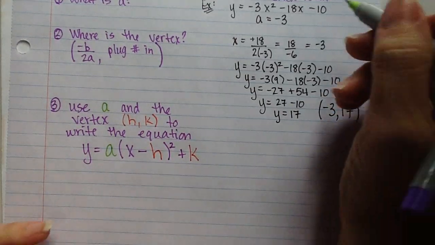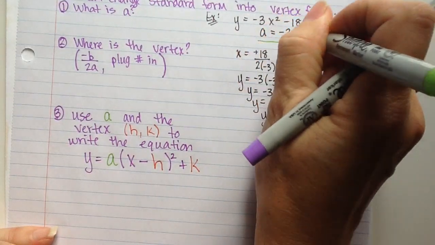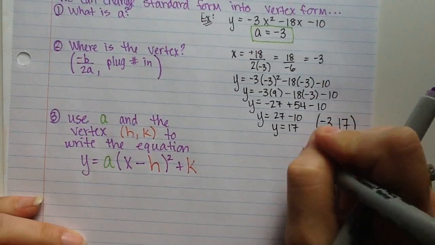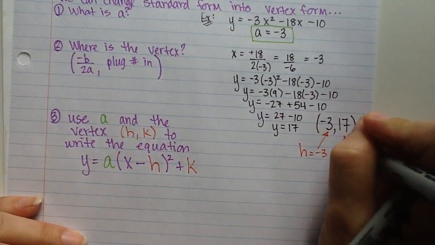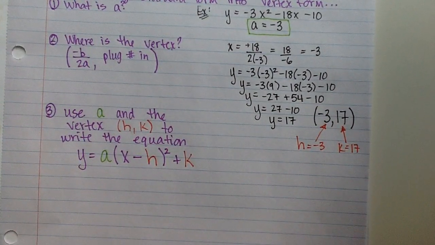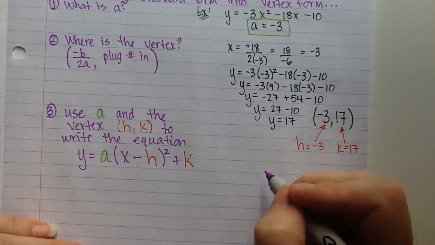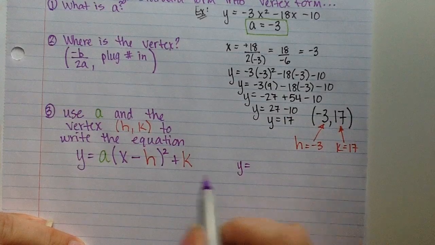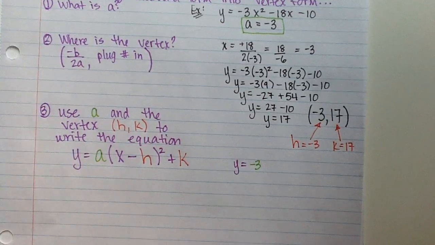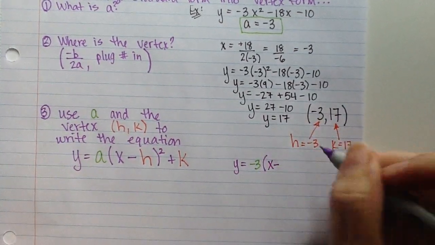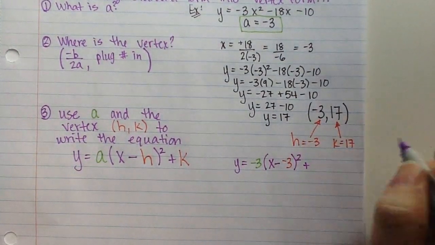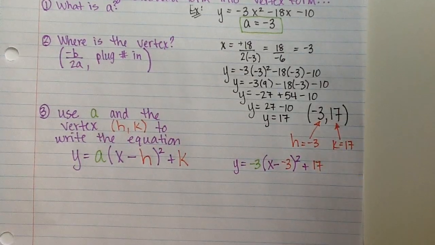So, looking at what I had found over here, there's the a value. a is negative 3. And then from the vertex, h is negative 3, k is 17. So I am going to write that into vertex form by doing y equals the a value, which was negative 3, times x minus h, which was negative 3, squared, plus k, which was 17.